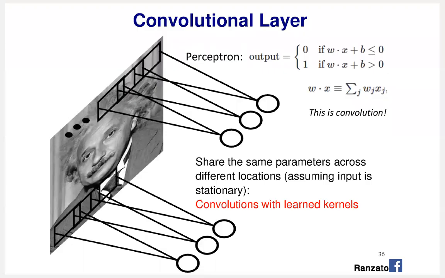Now the only difference here is that in classical computation, whenever we talk about a convolutional filter or correlation filter, the filter is designed beforehand.